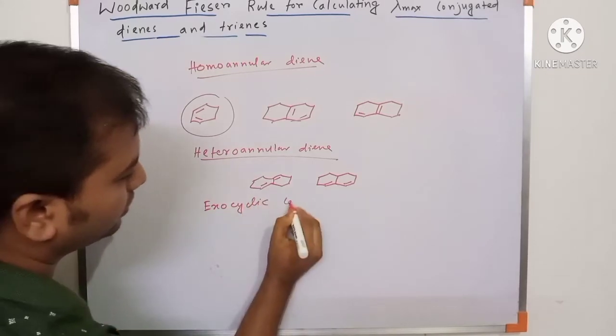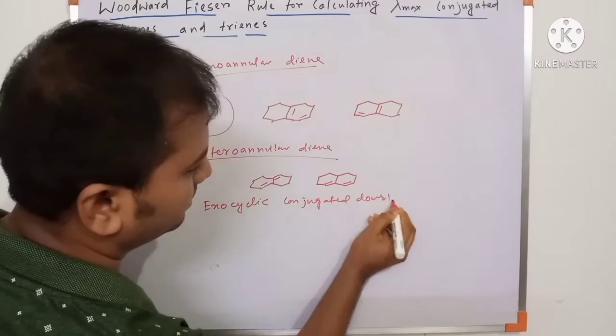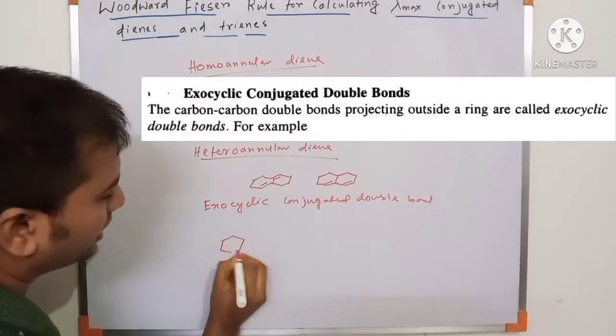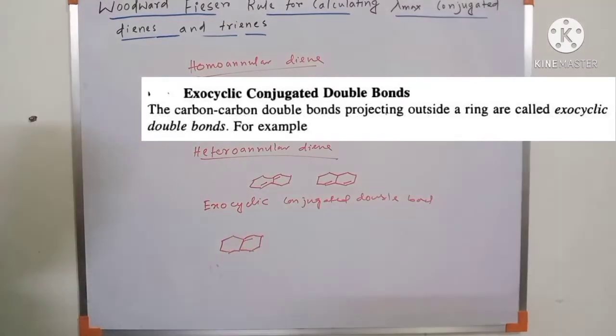Exocyclic conjugated double bond means this carbon-carbon double bond is protected by a ring. This is an exocyclic double bond.